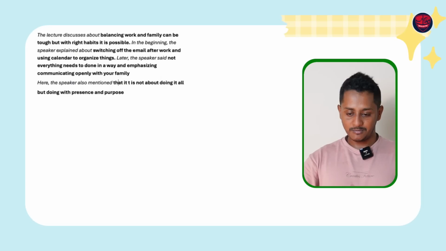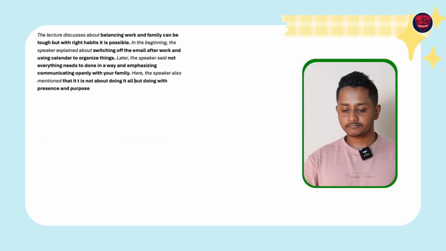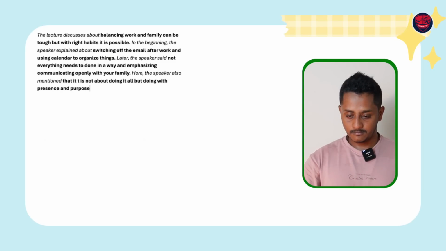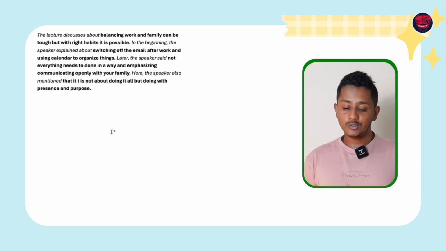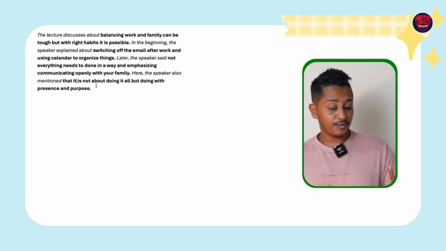Now we're going to remove the spaces. Let's see how many marks it comes to, and then we will have to remove something. 76 words, yes. So now we're going to remove something. Here the speaker also mentioned that it is not about doing it all, but doing with presence and purpose. I cannot remove that.